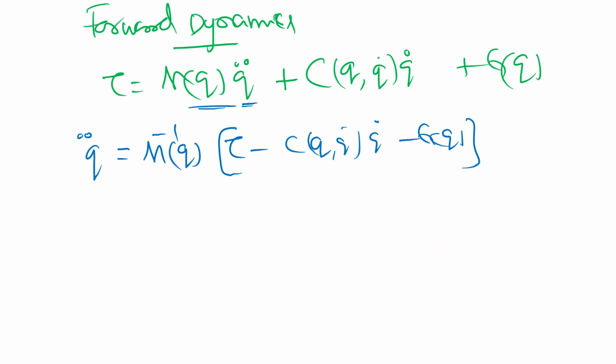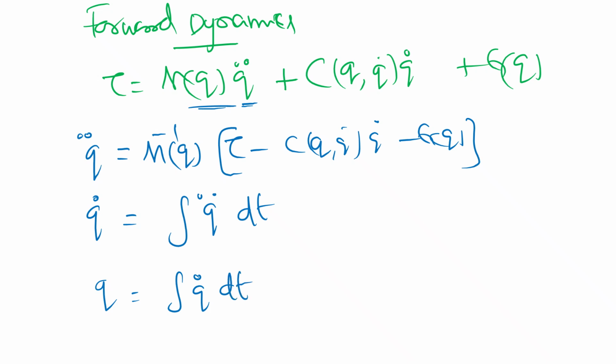That is your acceleration. If I want the velocity, I have to integrate q double dot with respect to t. If I want the position, I have to integrate q dot with respect to t.